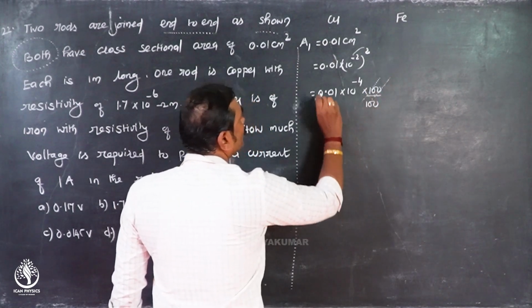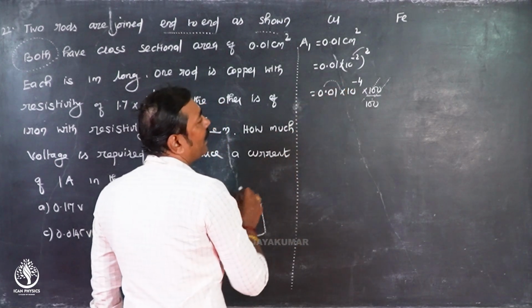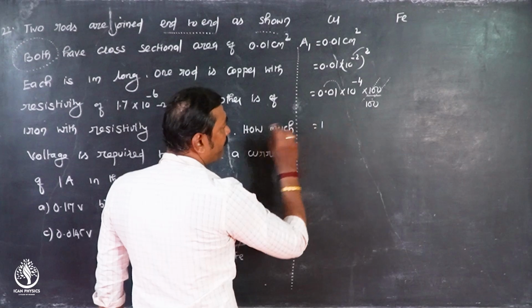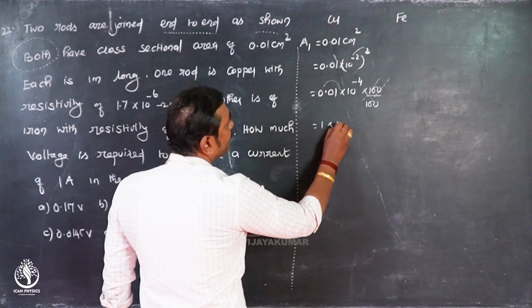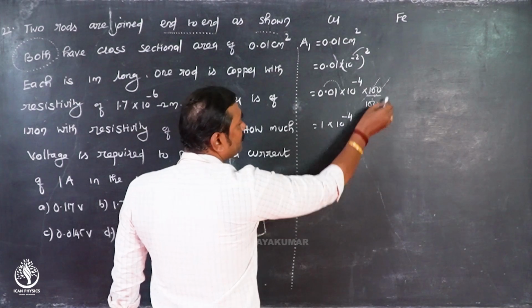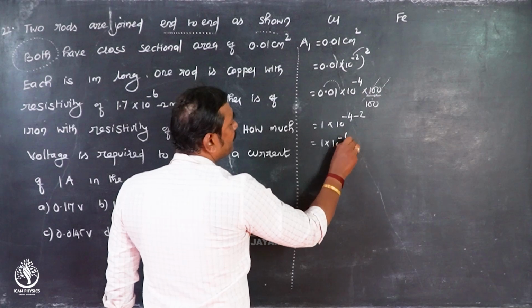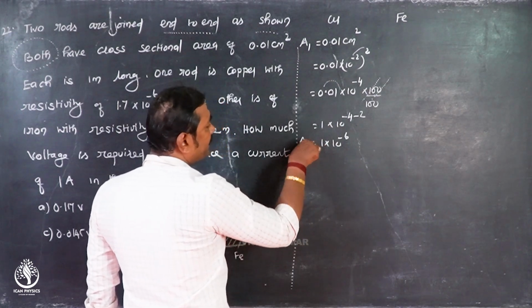The decimal point moves 2 digits forward, so it becomes 1 into 10 to the power minus 4. The 10 to the power minus 2 goes to the numerator, so 1 into 10 to the power minus 6 is the area.